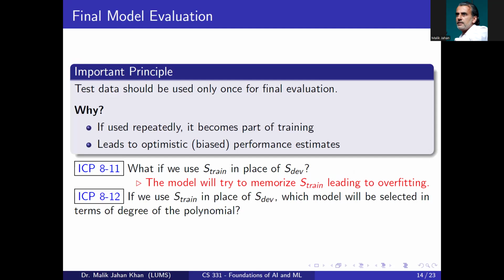Another ICP: if we use S_train in place of S_dev, which model will be selected in terms of degree of polynomial? Can you guess, if you use the same data for both validation and training purposes, what degree of polynomial would be selected? If you paused the video, you might have landed on the answer that it is going to be the highest degree of polynomial possible in that entire search process.